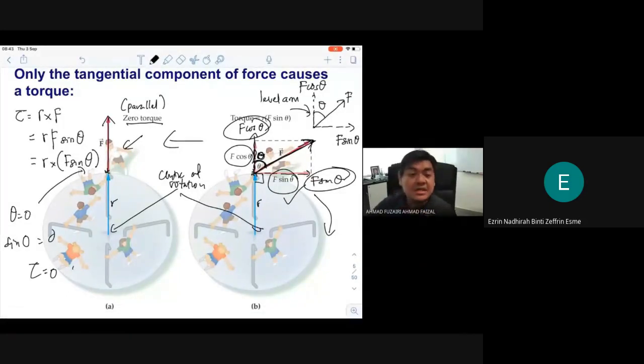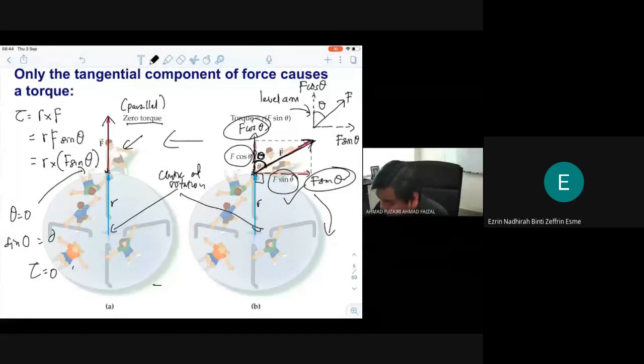So for torque, the tangential component of force must be perpendicular to the distance. Right? So make sure you understand this word first.